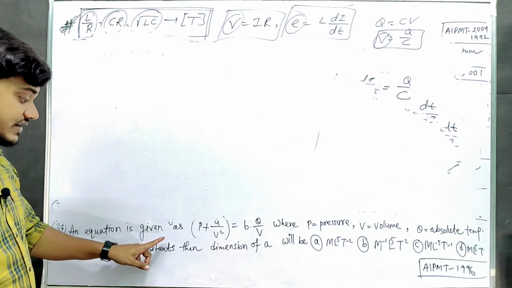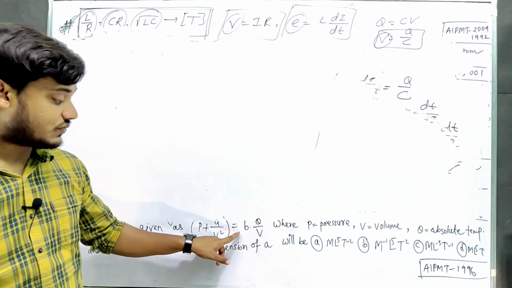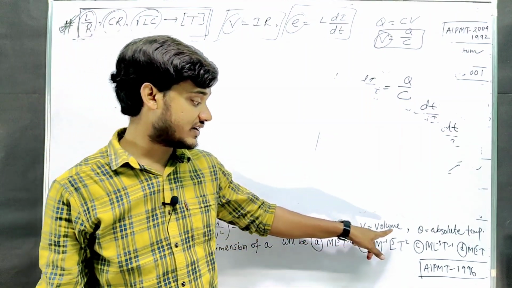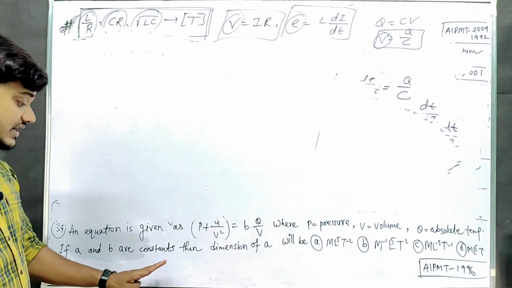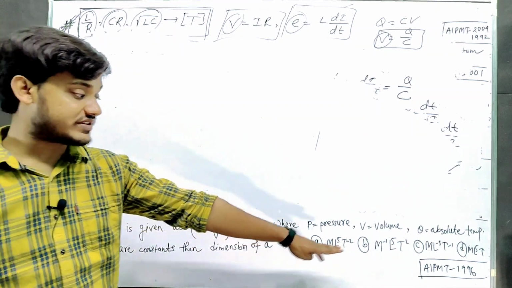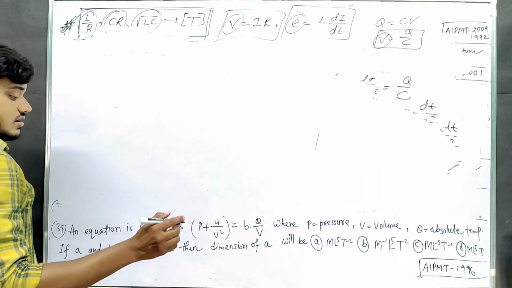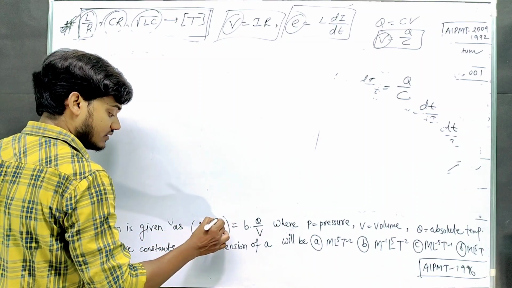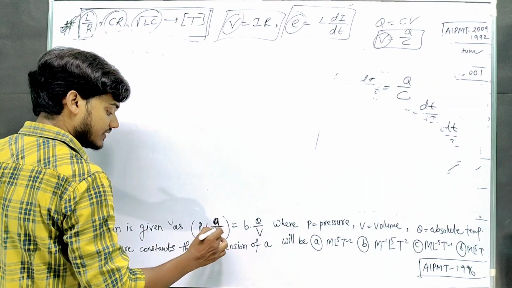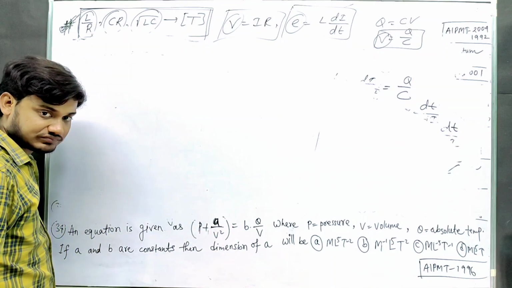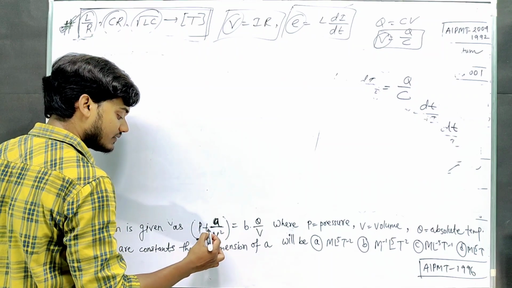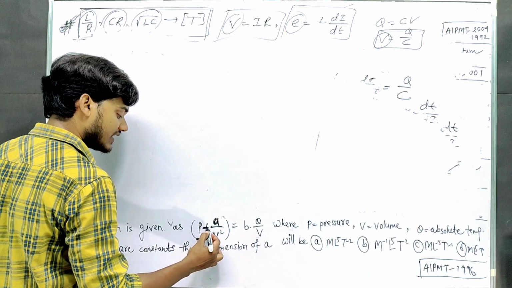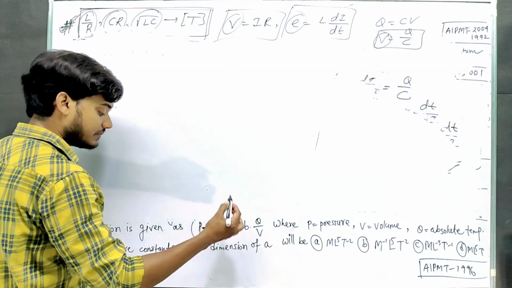An equation is given as P plus A by V square equals B theta by V, where P is pressure, V is volume, theta is absolute temperature. If A and B are constants, then the dimensions of A will be, options are given. We have to find the dimension of A, yes or no? Here P and A by V square are in addition.